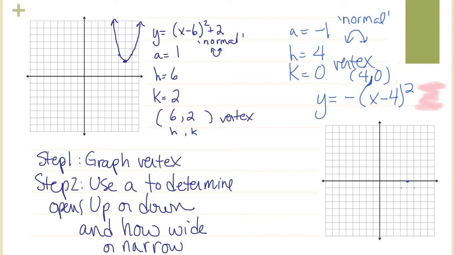And I know with that A being negative 1, remember I told you my shortcut, I don't like graphing the ones that open down, so if I can get my iPad to lock, I'm going to flip it around, and it just makes it way easier for me to graph it when it's not going that way. So flipping your paper around, that's a good tip. Okay, so there it is.